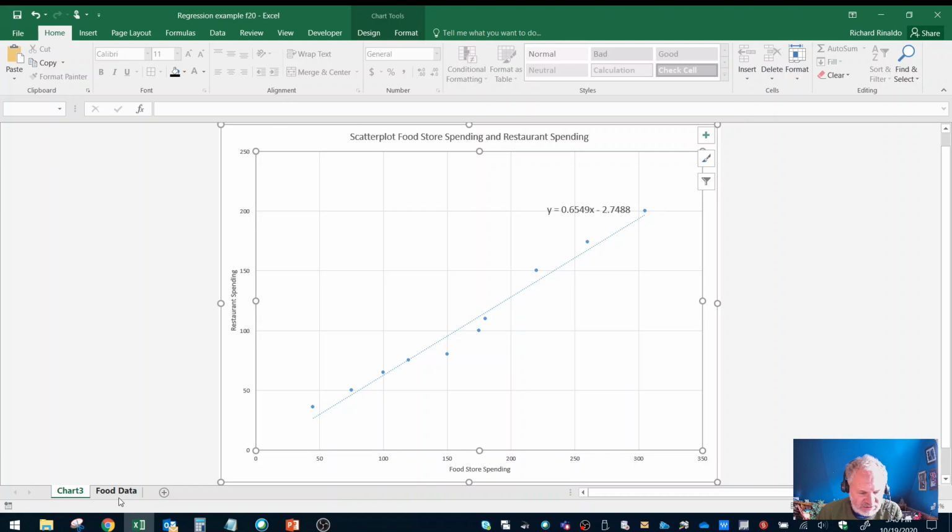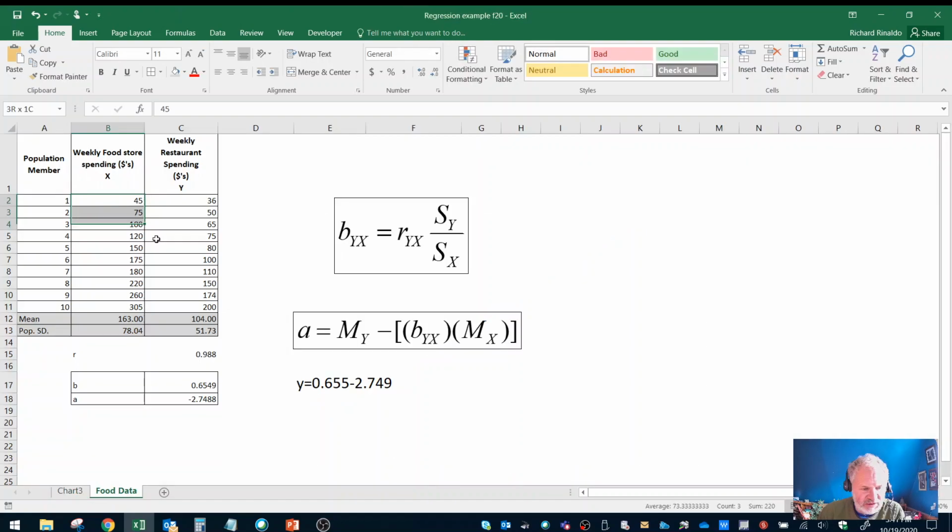We can do this in SPSS. I'm just going to copy it over. So you can enter it in, control copy. Let's open up my SPSS.